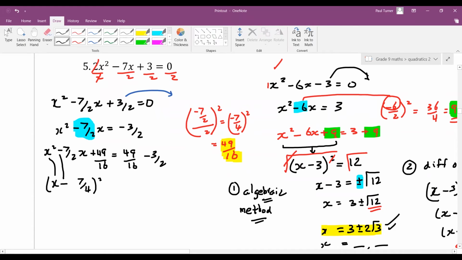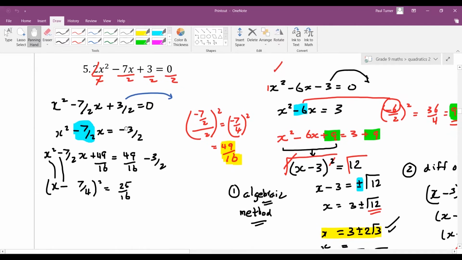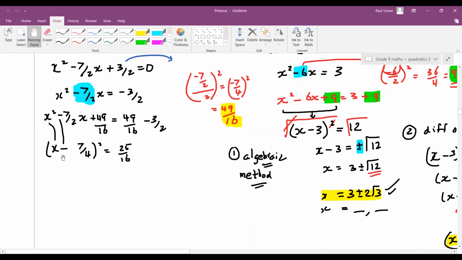So just square root top and bottom. Now this here, 49 on 16 minus 3 on 2, will be 25 on 16. So you can put that in your calculator or do it the long way, but you'll get 25 on 16 for that there.